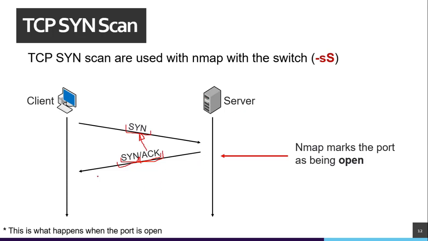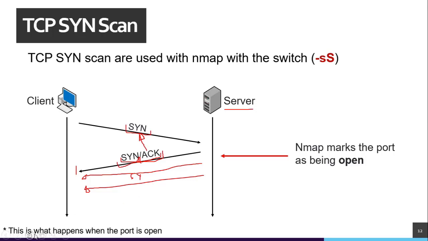So the server, having not received the ACK from our machine, assumes we haven't received its packet, and it's going to retransmit the packet with the SYN ACK flags set. Of course, this is not going to happen forever. Depending on the server and its configuration, it will probably retransmit the same packet 4 or 5 times, then time out and close the connection.